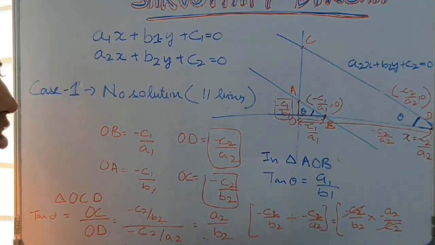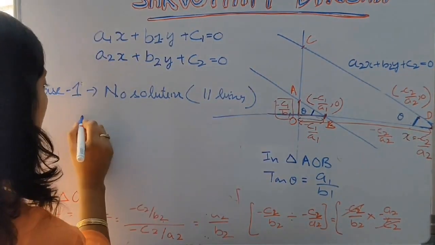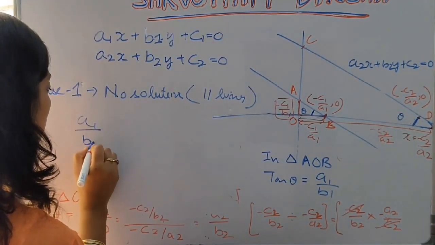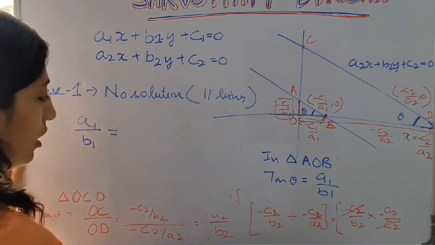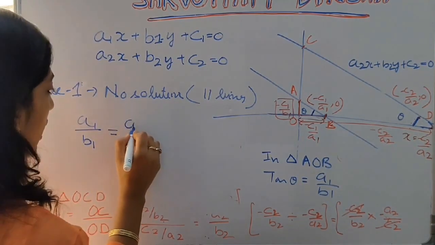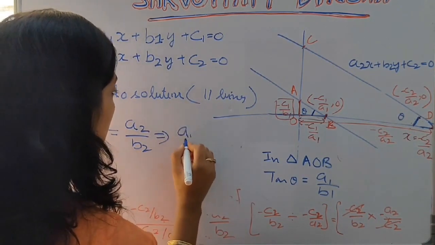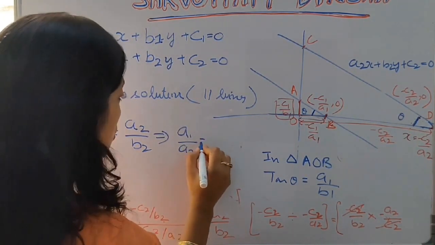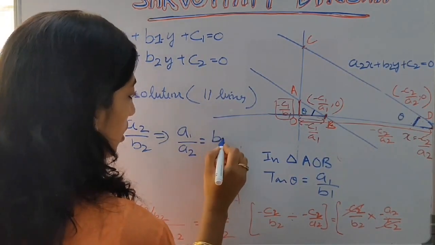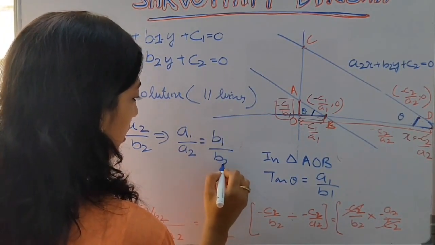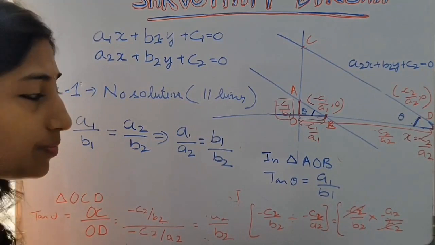Why equal? Because they are nothing but same angle. My A1 by B1 should be equal to A2 by B2. This implies A1 by A2 should be equal to B1 by B2.